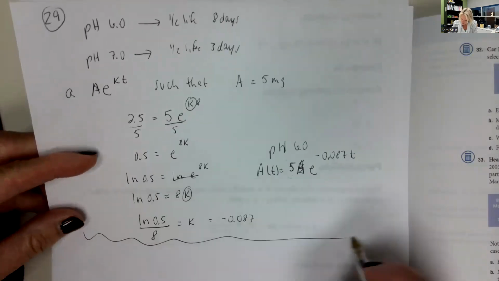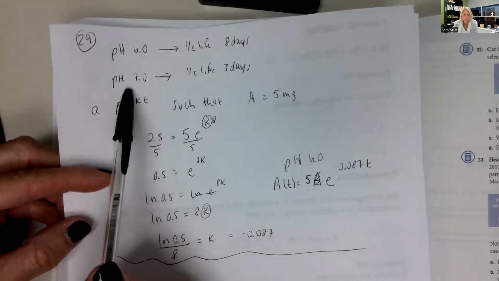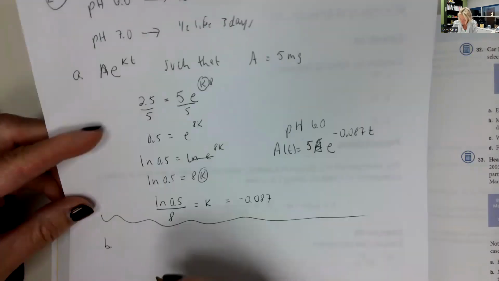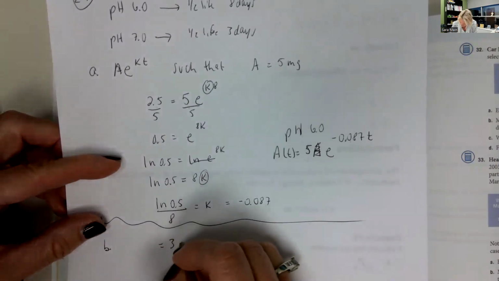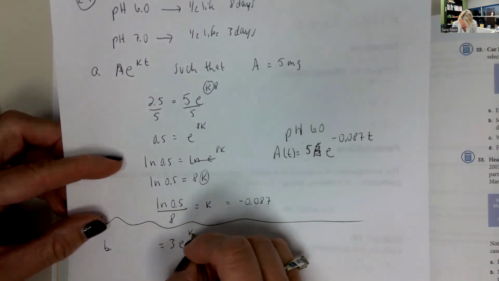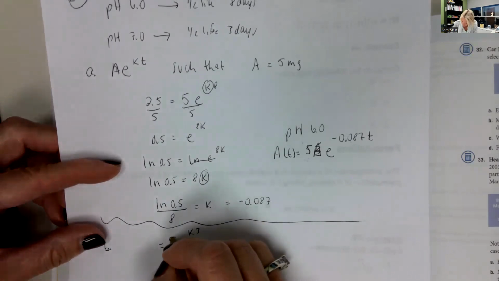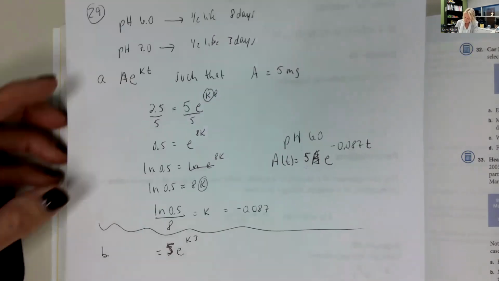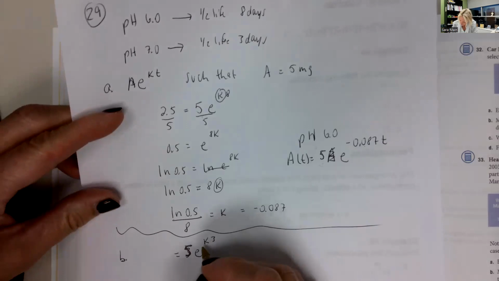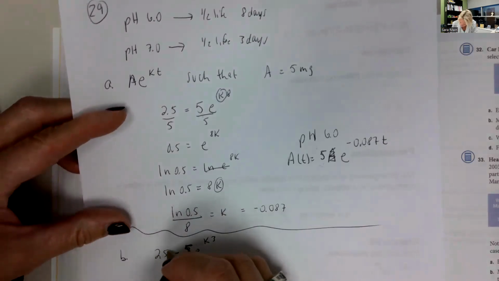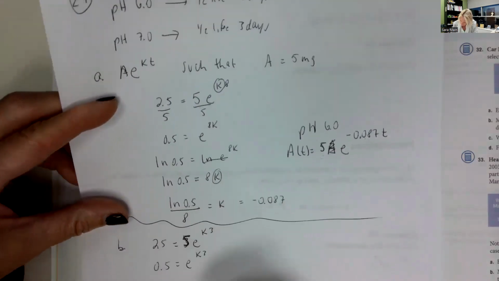Then we're going to do the same thing in part B for the malathion that's mixed with the 7.0 water, and that has a half-life of 3 days. We're still starting with 5 milligrams, and we're going to use the half-life of 3, so that means we'll be at 2.5 milligrams, so 0.5 equals e to the k times 3.